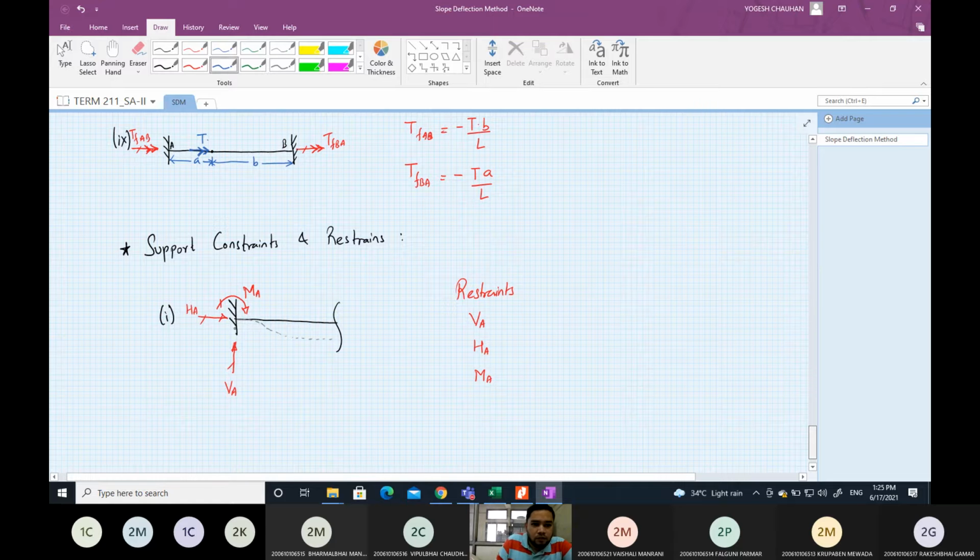That means the slope at this point, let us say this is A, is equal to 0, and also the deflection at this point is 0. So these two are the constraints. So the constraints are slope at A is 0 and deflection at A is also 0.